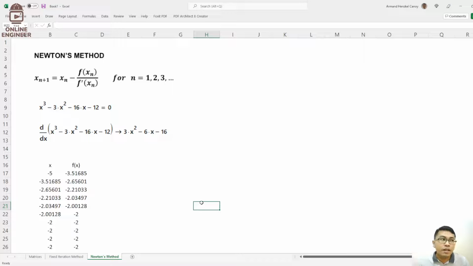There's a prerequisite here because you have to have a foundation in differential calculus, since you are going to differentiate. Here it is just an algebraic expression in terms of x, but what if you have trigonometric functions, hyperbolic functions? You should know how to differentiate those functions as well, and still, you can solve for those values of x using this iterative method.